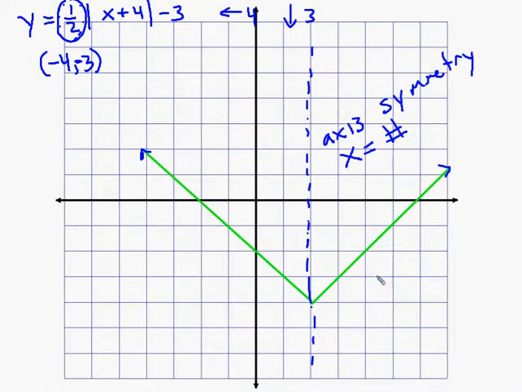Now if it's horizontal, it'll be y equals some number, but we are vertical. So in this case, the axis of symmetry is x equals 2 because that's where it goes through the vertex, which brings us to our other thing right here. This point is called the vertex. And in this case, the vertex is 2, -4.